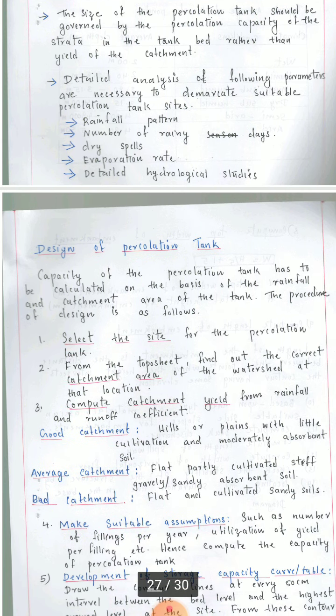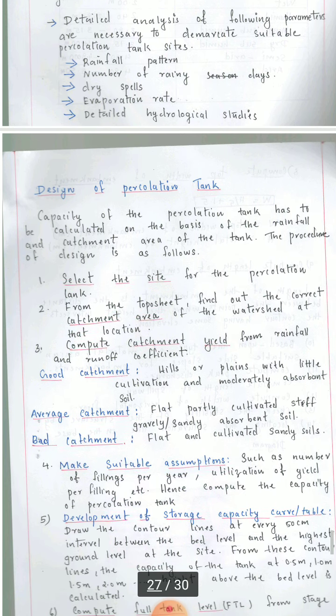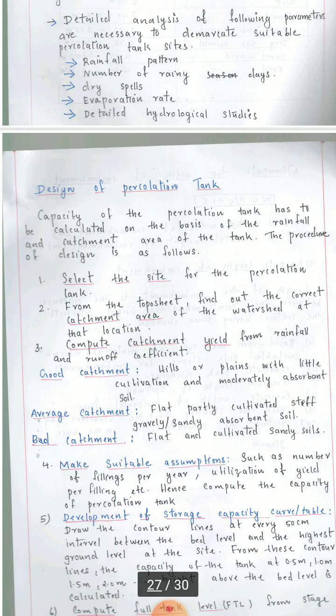The size of the percolation tank should be governed by the percolation capacity of the strata in the tank bed rather than the yield of the catchment. So depending upon the type of rocks present in a particular area, the percolation capacity will be changing. Detailed analysis of the following parameters is necessary to demarcate suitable percolation tank sites.